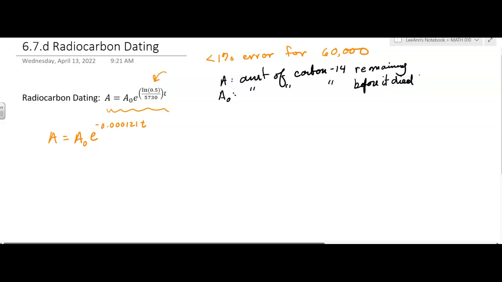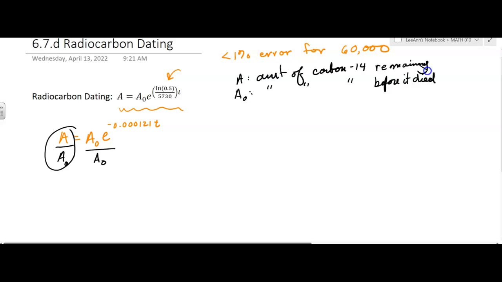And what we want to look at, when we have this formula, we're dividing by A naught on both sides. We want to look at this ratio.